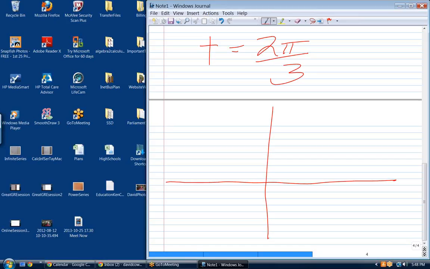So the reference number would be pi over 3. Okay. And the terminal point would be negative 1/2 comma root 3 over 2.